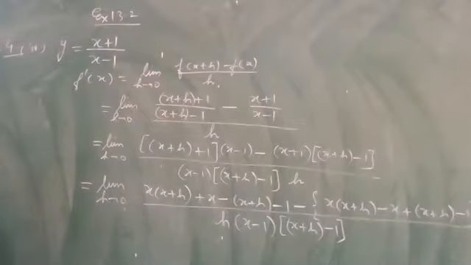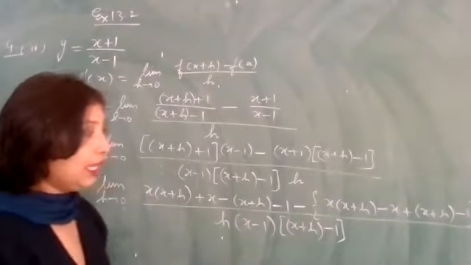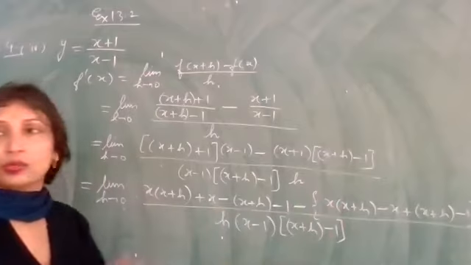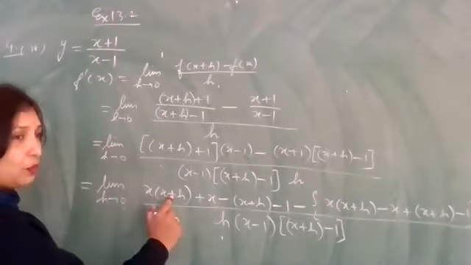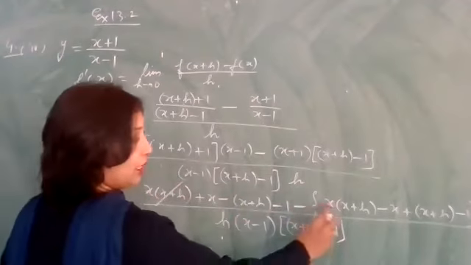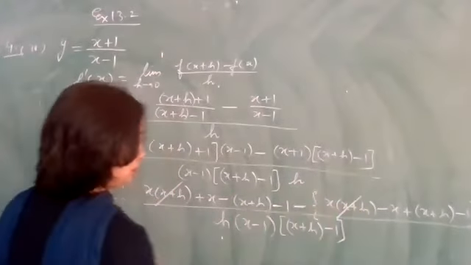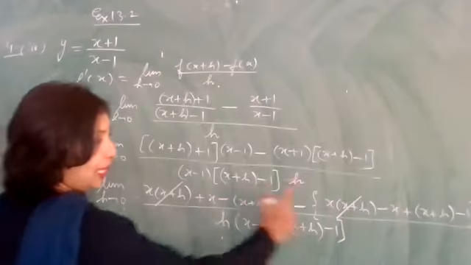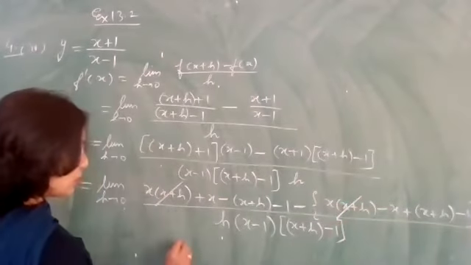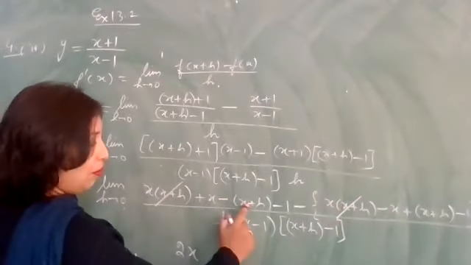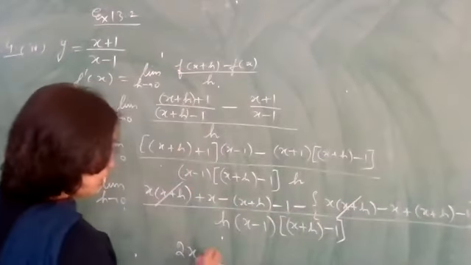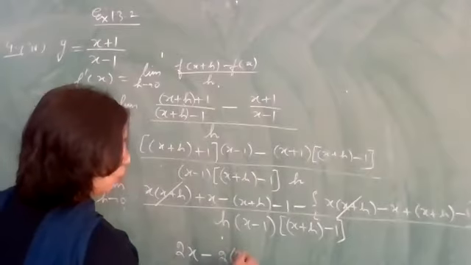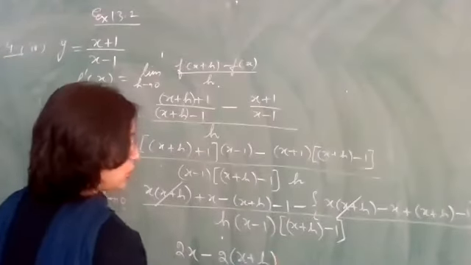Okay. Now we are opening this bracket, and after we open the brackets, the signs will change. Let's see what terms will cancel out. It is x into (x plus h) and minus of x into (x plus h). Plus x and plus x we have, so this is 2x. Minus of (x plus h) and minus of (x plus h), so minus twice of (x plus h).